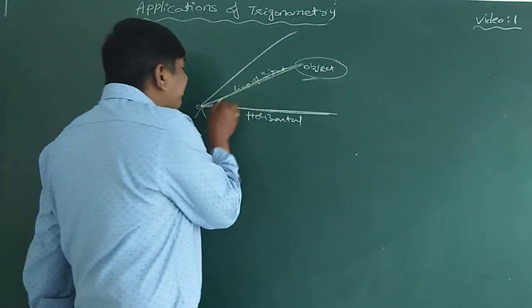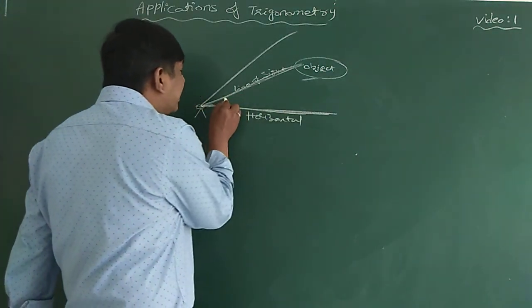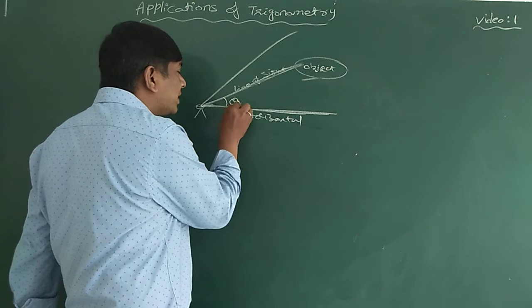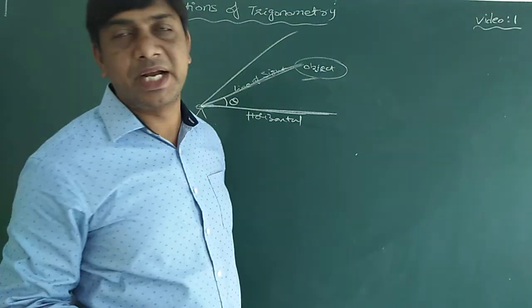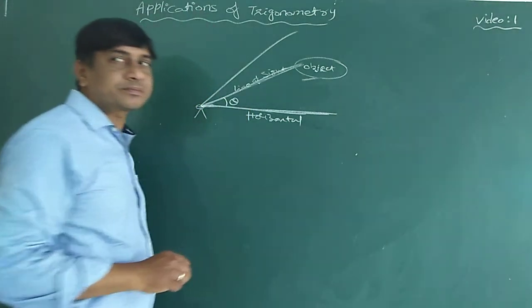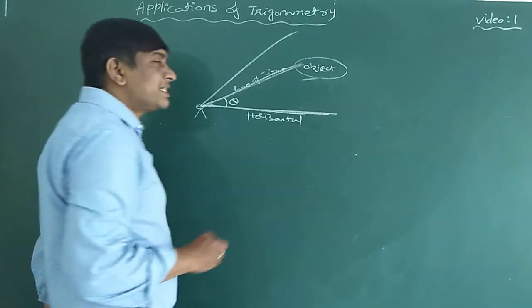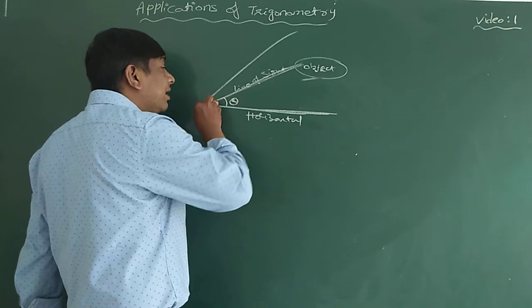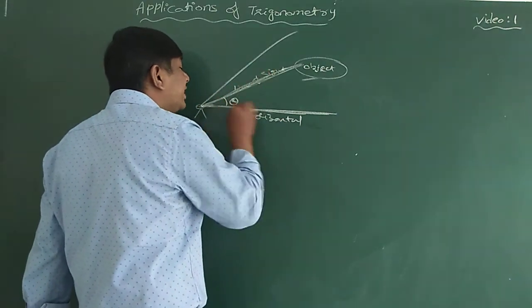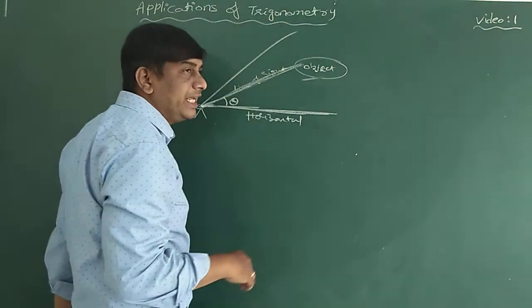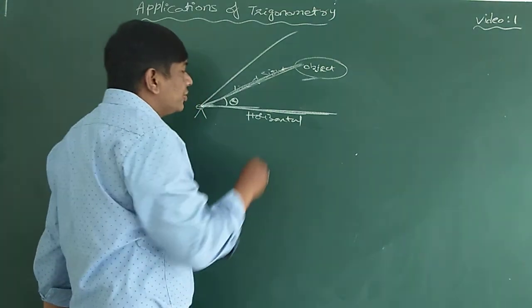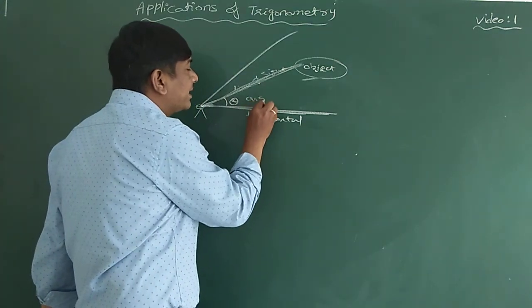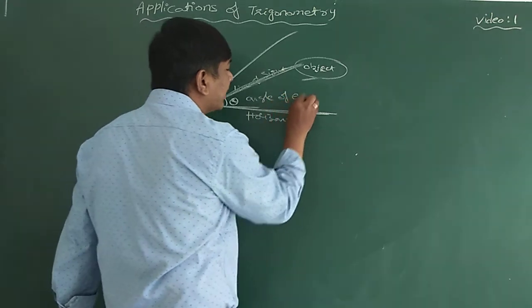The angle between this horizontal line and the line of sight, let us assume, is theta. Since this angle is formed when the line of sight is above the horizontal line, it is called the angle of elevation.